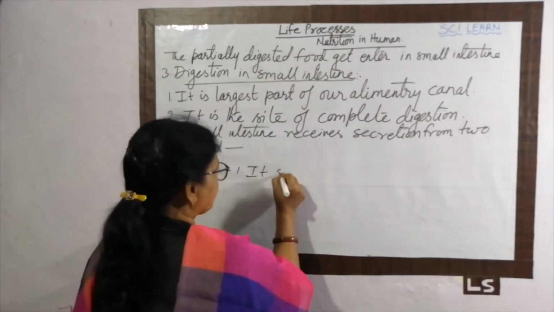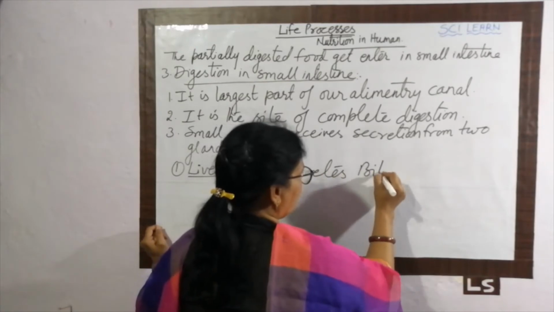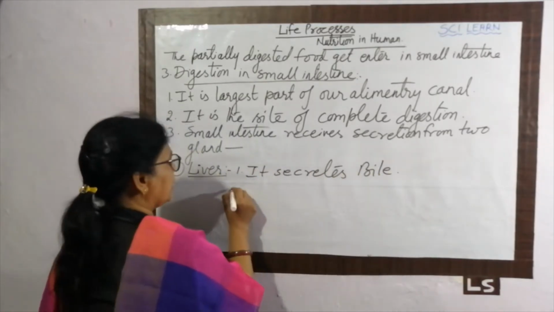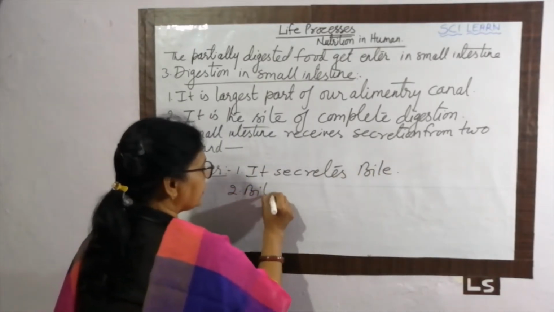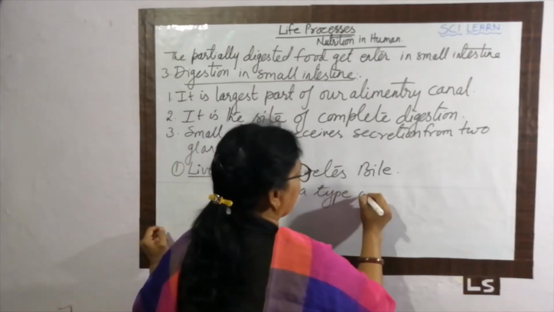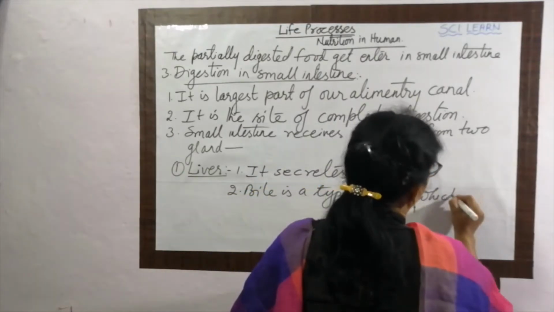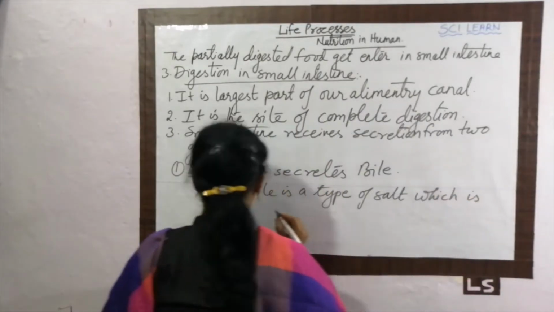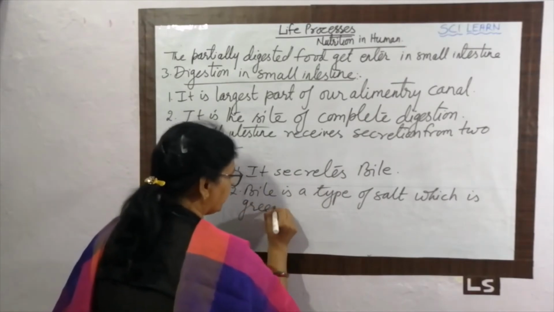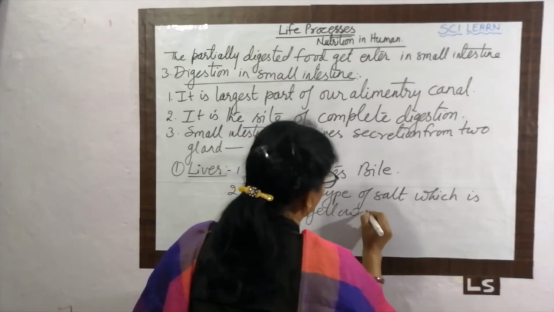And what is the bile? Bile is a type of salt which is greenish yellow in color.